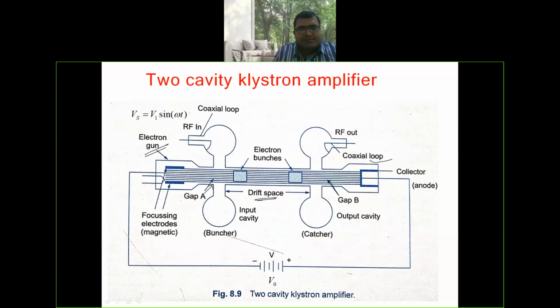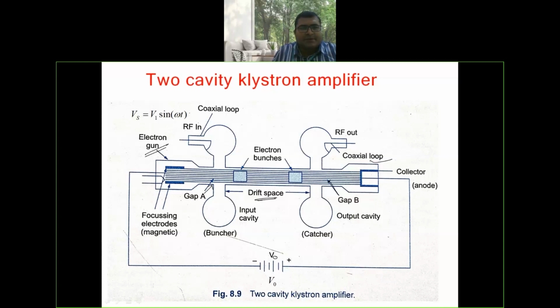The electrons are generated by the electron gun and collected across the collector. The supply voltage is given by V0. Here, the electron gun is at negative potential and the collector is at positive potential.